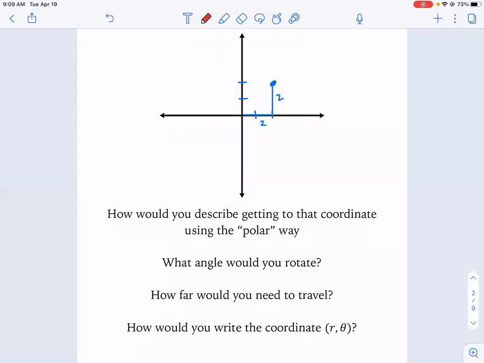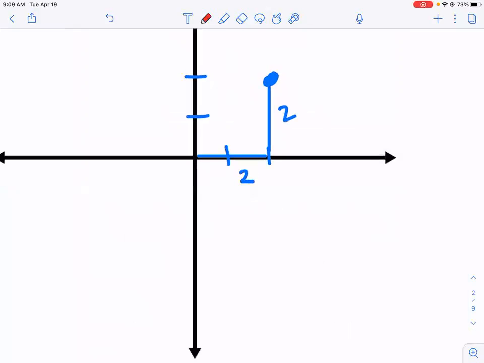All right, so let me do this to our picture. What do we have? A right triangle. This angle right here, how far do we have to rotate? I heard 45 degrees.